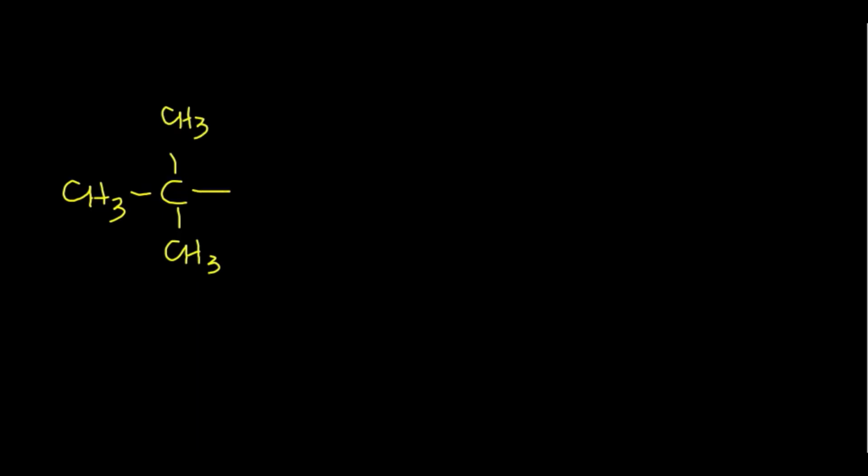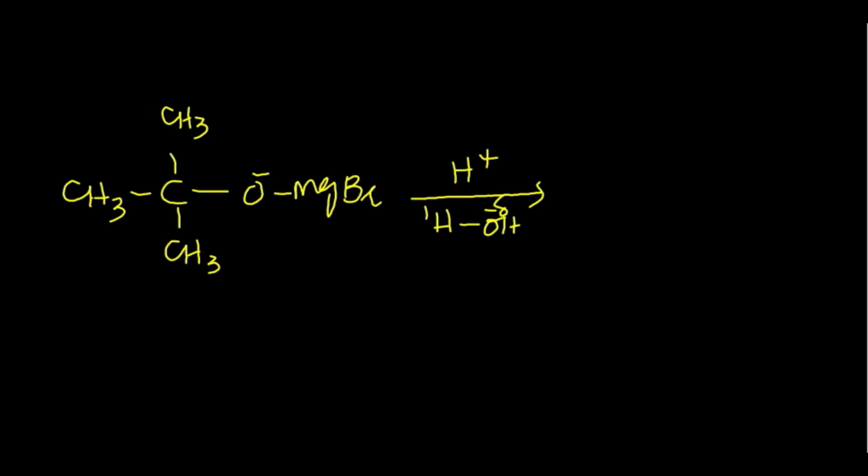Here we have oxygen, negative charge, magnesium bromide. Now if we do the acidic hydrolysis, that is acid in the presence of water, then what will happen, students? Oxygen will be protonated. Oxygen, with the help of negative charge, will abstract a proton from the medium, and the bonding electron density between oxygen and magnesium will be cleaved.